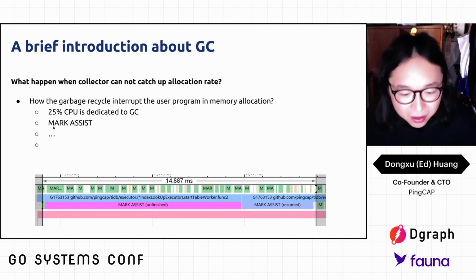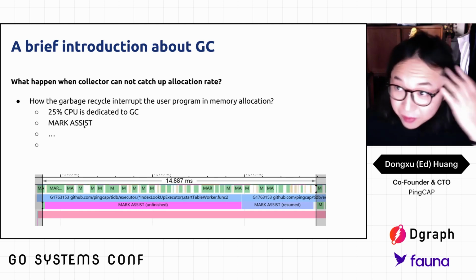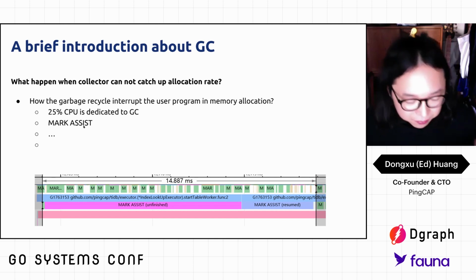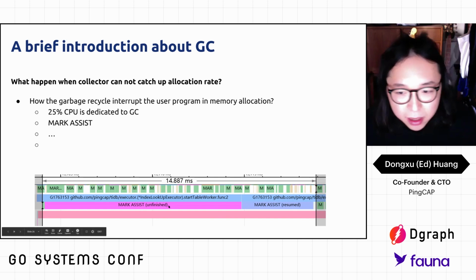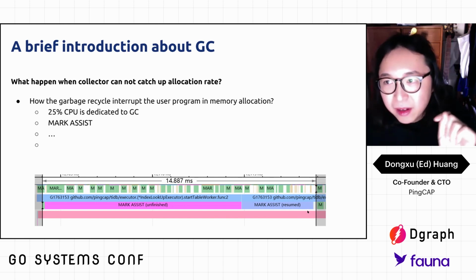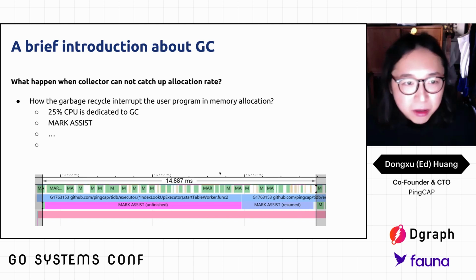This is known as the mark assist. When you use pprof to look up your call stack, you can see some mark assist here. That means your memory allocation is helping the GC.